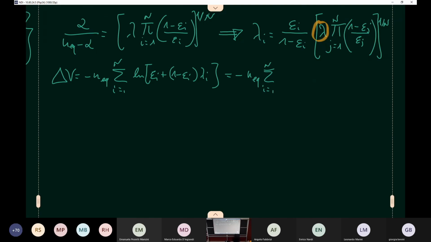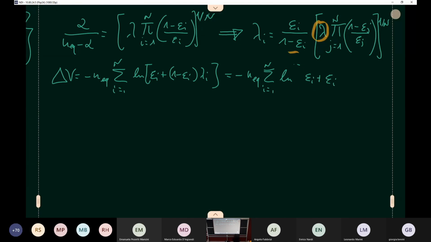So I have the sum, the logarithm here, and then epsilon I plus 1 minus epsilon that multiplies this term. Actually, I can also avoid writing here 1 minus epsilon because it cancels with this one here, and it remains just epsilon before this parenthesis.